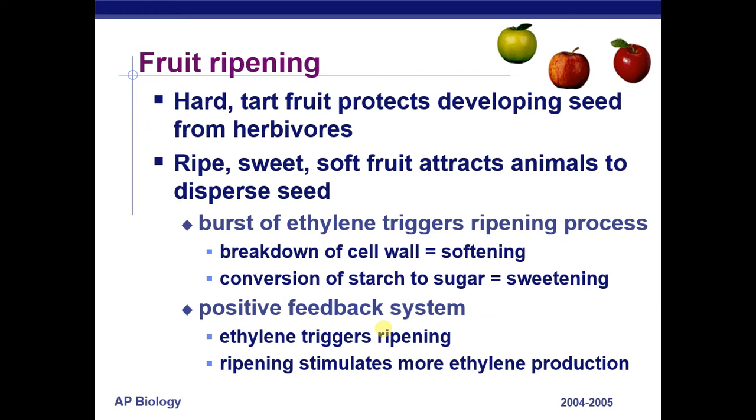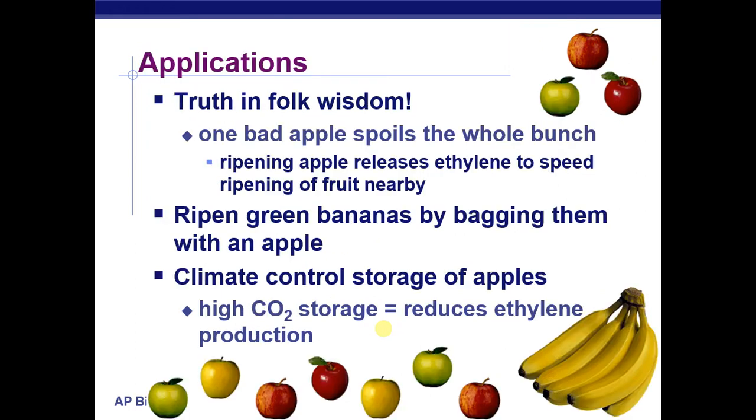One of the things that this is useful for to us is that there's truth in the old wisdom one bad apple spoils the bunch, because the ripening of a single piece of fruit will produce ethylene that will instigate ripening of other fruit. That's one way to really quickly ripen green bananas, by putting them in a bag with a ripe apple.